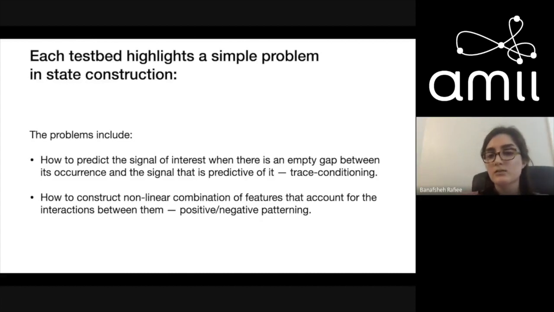This is analogous to trace conditioning in animal learning. Another problem is how to construct nonlinear combinations of features that account for the interactions between them. And this is analogous to positive and negative patterning in animal learning.